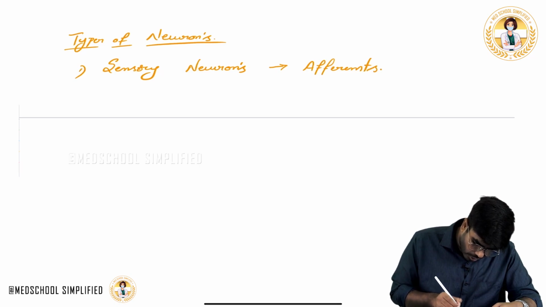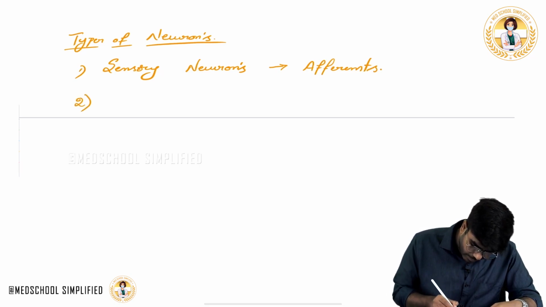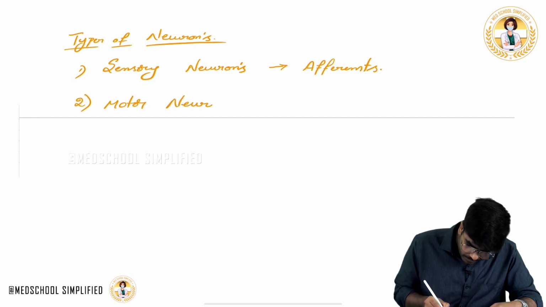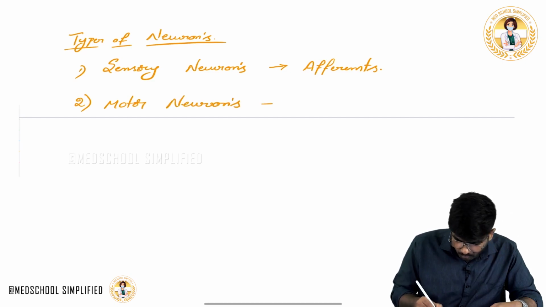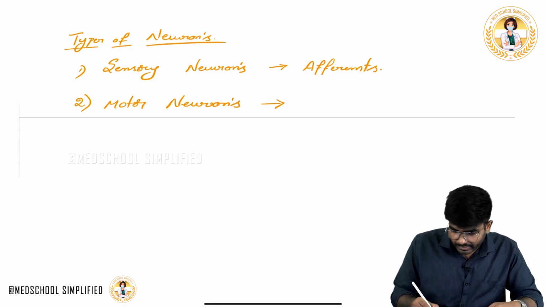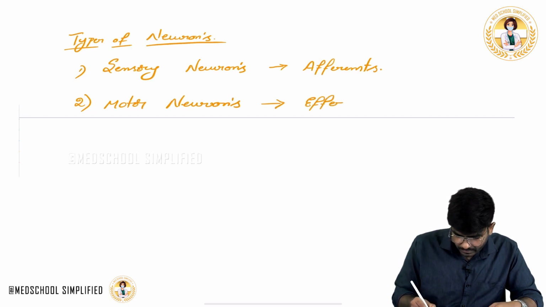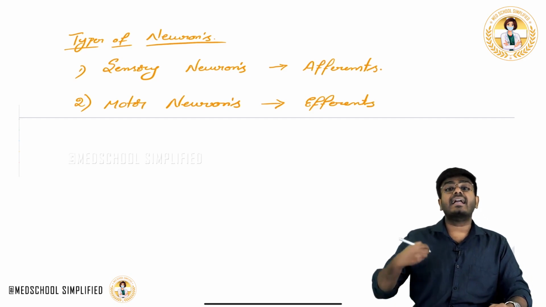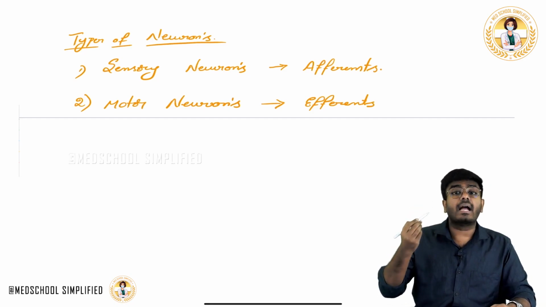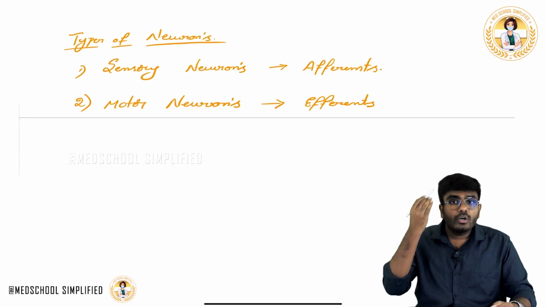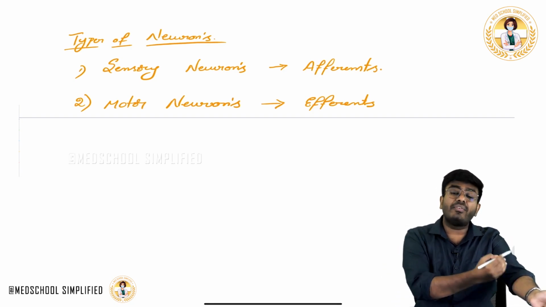Now, second type of neurons are called as motor neurons. Now, motor neurons are efferents. After processing, they take the command from the brain to the effector site.